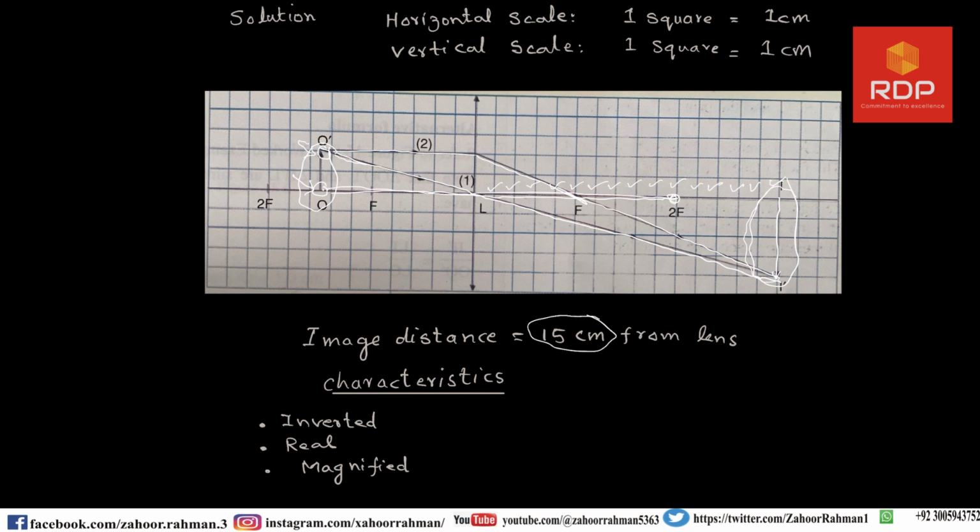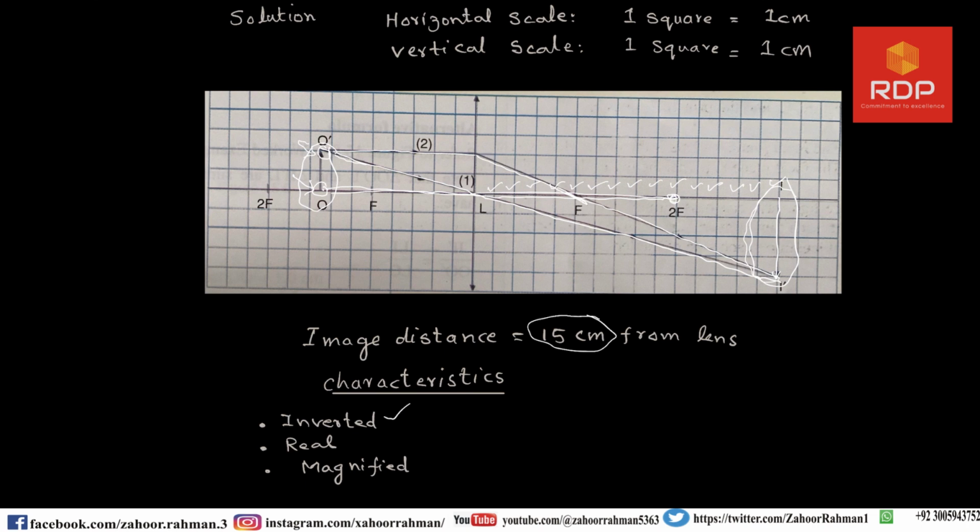There are other lenses and other criteria which make it erect. By default all the images made on the retina are inverted. So the first characteristic of this is inverted.